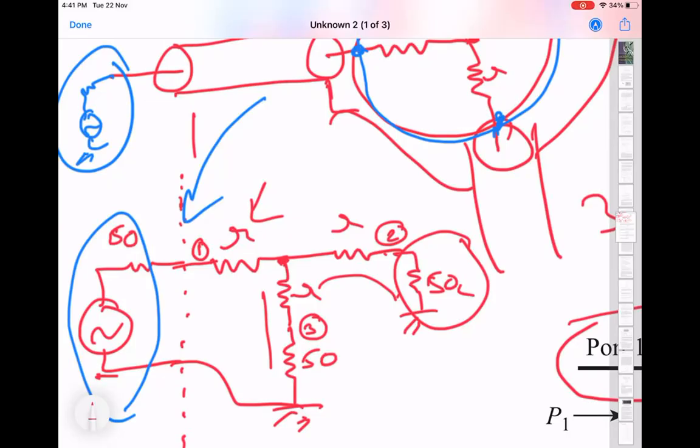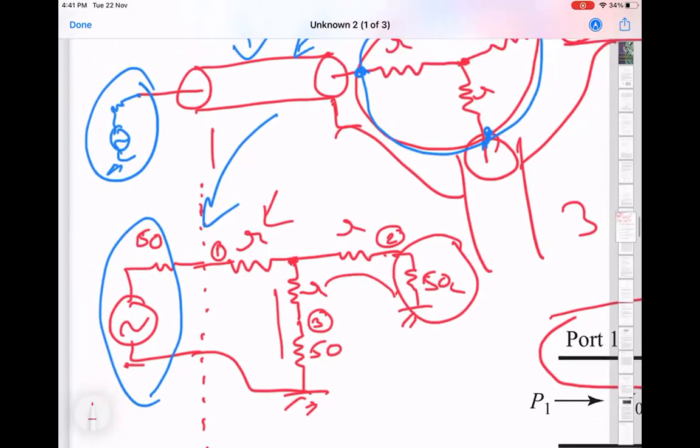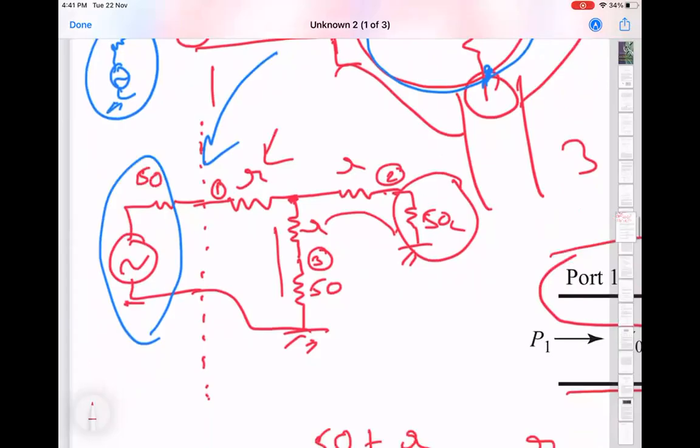So since I started with an unknown resistor R here, I'm just trying to show you how you compute that R to get the matching condition. So you put the 50 ohm termination here, and then you look at what is the impedance between these 2 points.